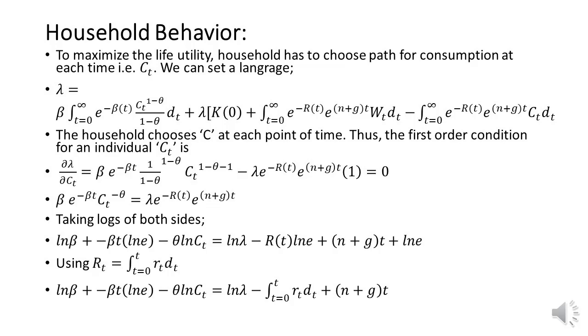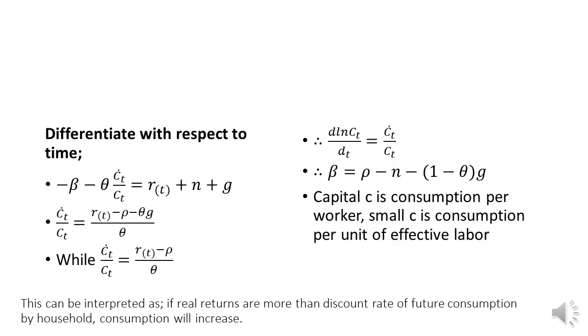So the derivative will look like this, and we set this equal to 0, and then we rearrange, taking logs on both sides, and the log of e is 1, using r(t), which we derived earlier, that the rate of return is a function of time. So we take log and then put r(t), and then we differentiate with respect to time.